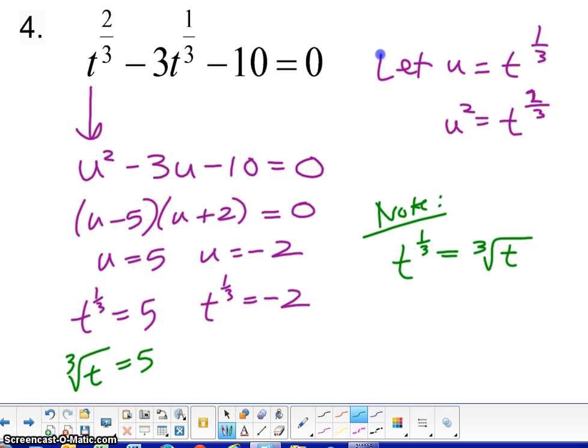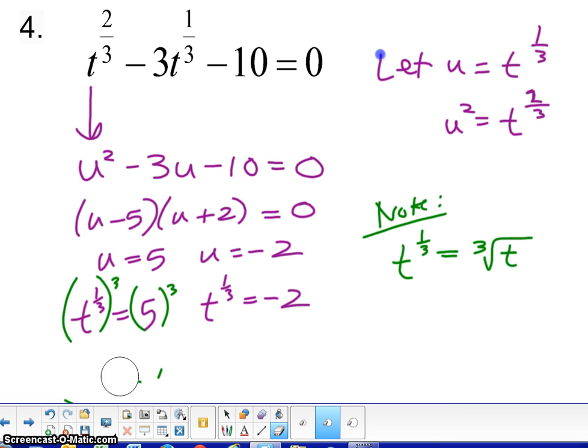Well, that means you can cube both sides. So why not save the step and just go right to cubing both sides? Because 1/3 times 3 is 1, and that's what we need. So again, I just wanted to show you that so you knew where it was coming from, and it's definitely something you've done already, just not in exponent form.